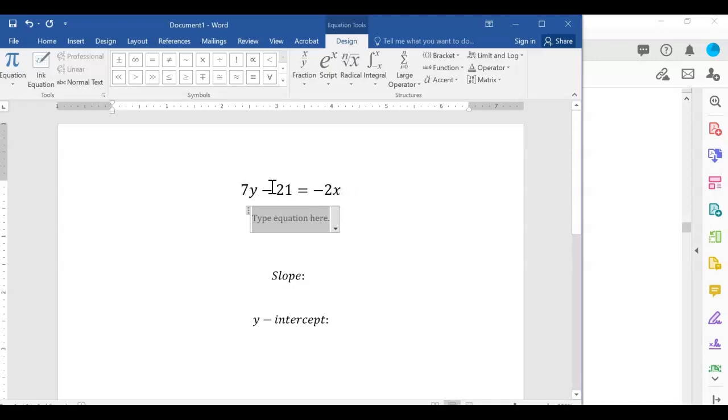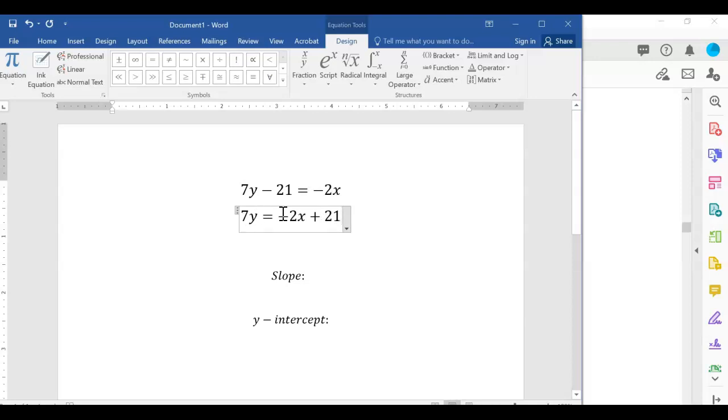On the left-hand side, I'm just going to have 7y remaining. On the right-hand side, 21 and negative 2x are not like terms, so we end up with minus 2x plus 21. This isn't quite in slope-intercept form yet.